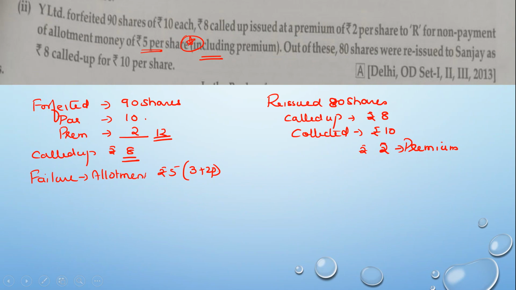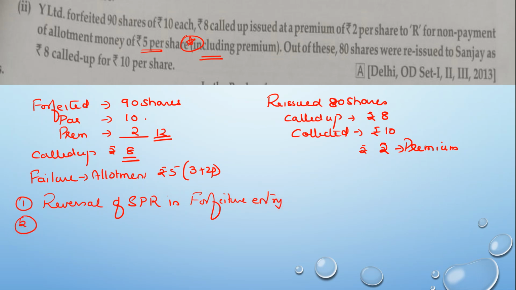So now, and again here one more point that you have to remember is that all the shares forfeited have not been reissued. So I'll write down the formula once again. The formula, so 2 points that you remember: first, reversal of securities premium reserve in forfeiture entry. Second would be reissue is at premium.